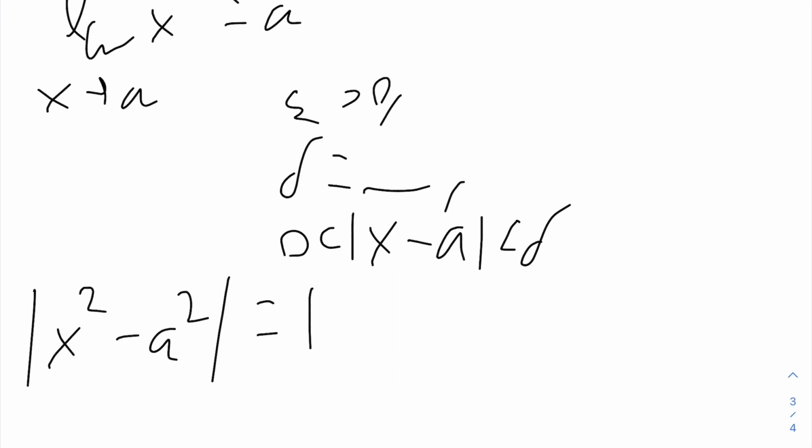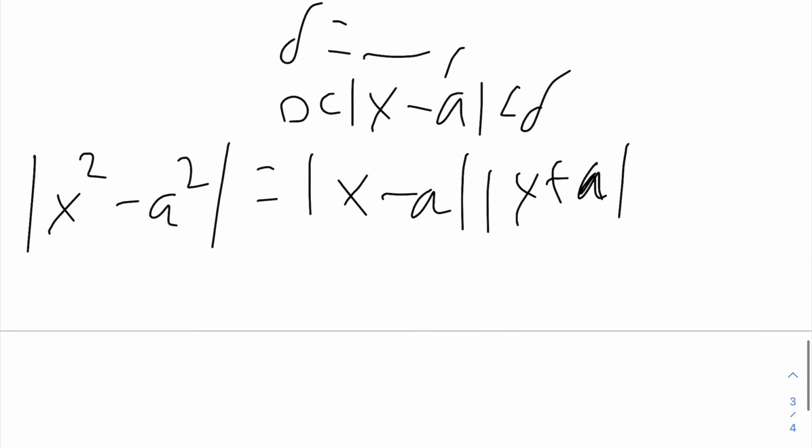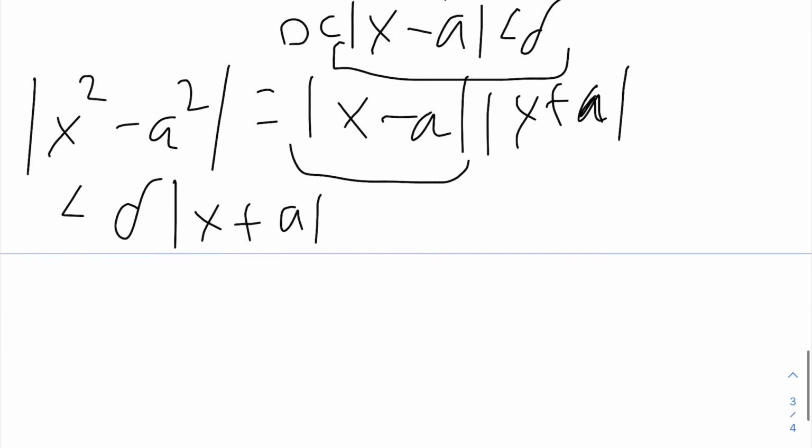First we do our algebraic manipulations. We're going to factor this and then split them up into their own absolute values. Then we can use that |x - a| is less than delta. So then we can replace the |x - a| over here, and we're left with delta times the absolute value of |x + a|.